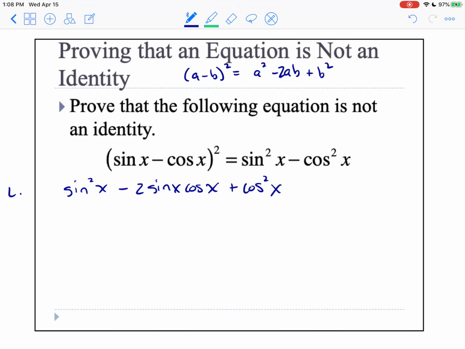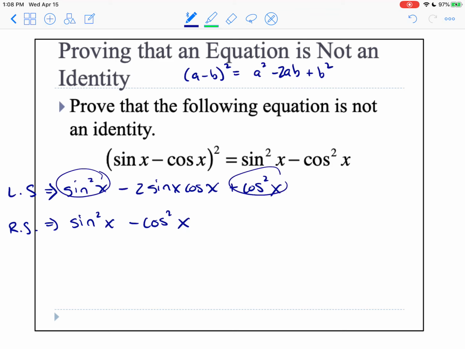That's the left side of the equation. The right side of the equation is sine squared x minus cosine squared x.